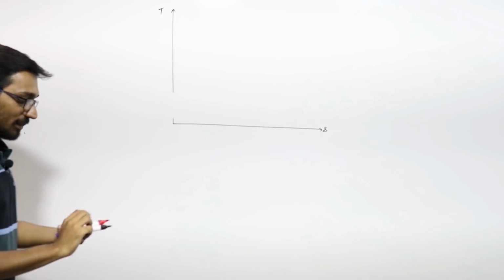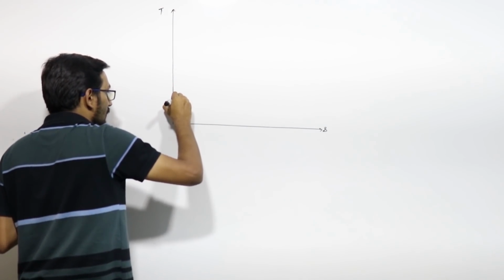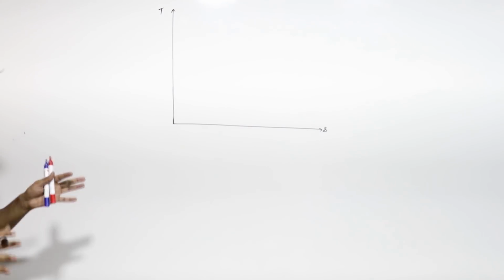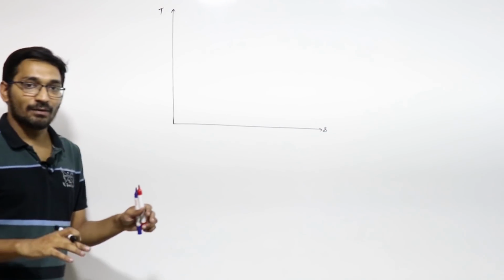I'm not going to explain each and everything, just how to draw the diagram I am saying. If you draw the diagram well, then you will be able to solve any question.